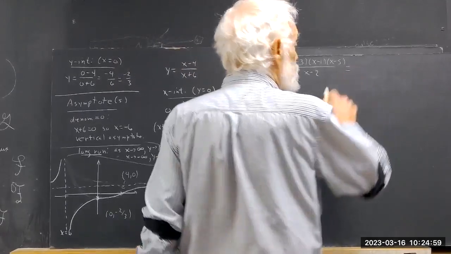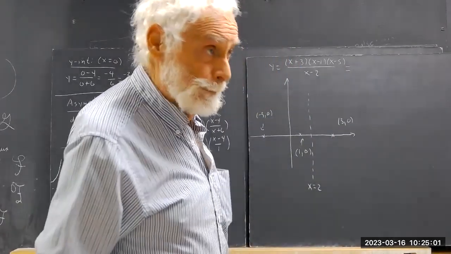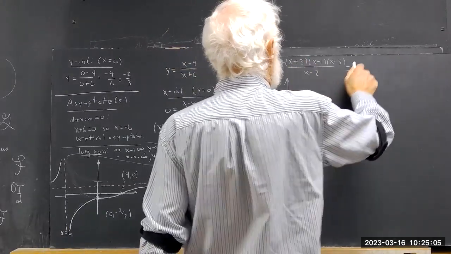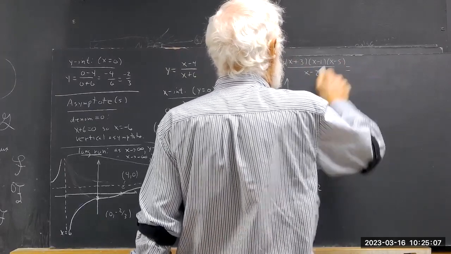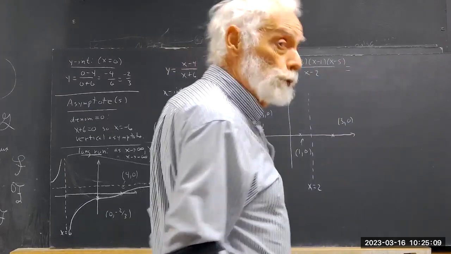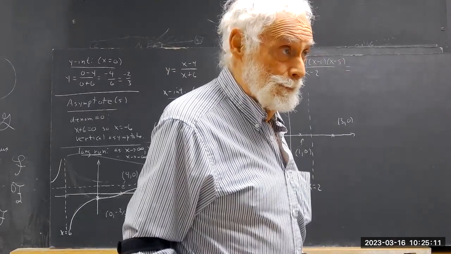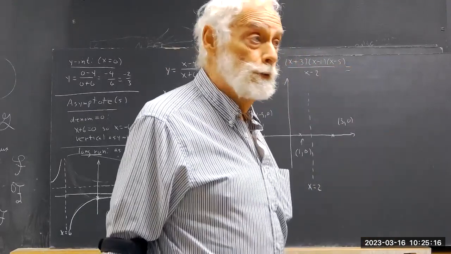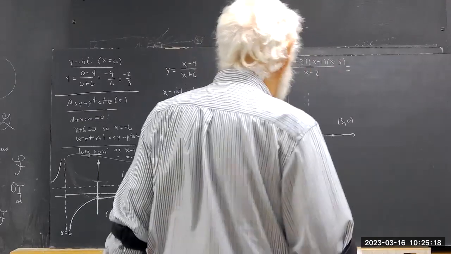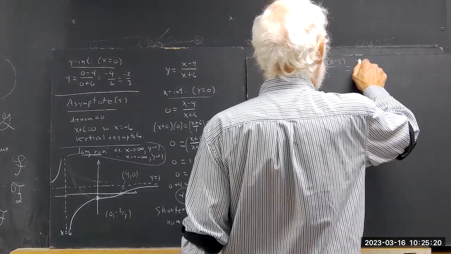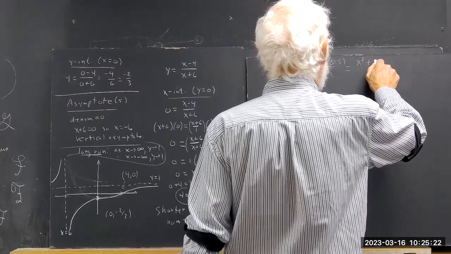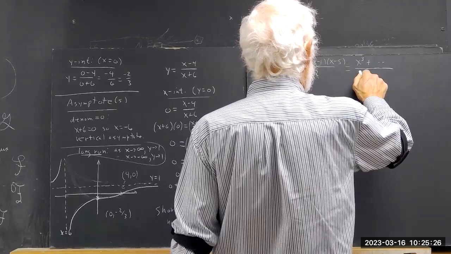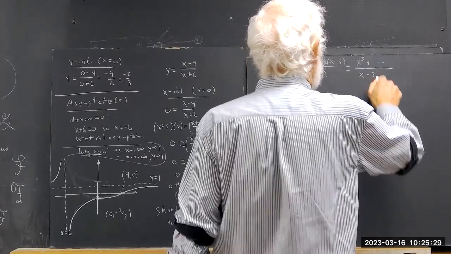I did this last time, so review. Look at the video if necessary. But you have, if you multiply these three terms out using the distributive law. Don't bypass the distributive law. You can't multiply these unless you use the distributive law. It's x cubed plus something over x minus 2.